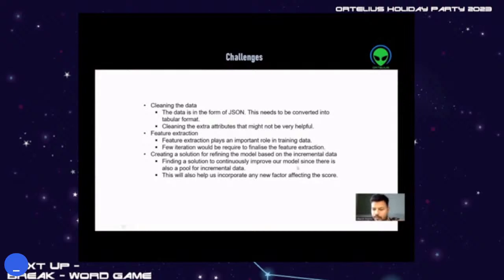That will also help if they have updated the benchmarking criteria for adding scores. So we don't have to train our model from the beginning, and we can easily incorporate all those changes in our model.